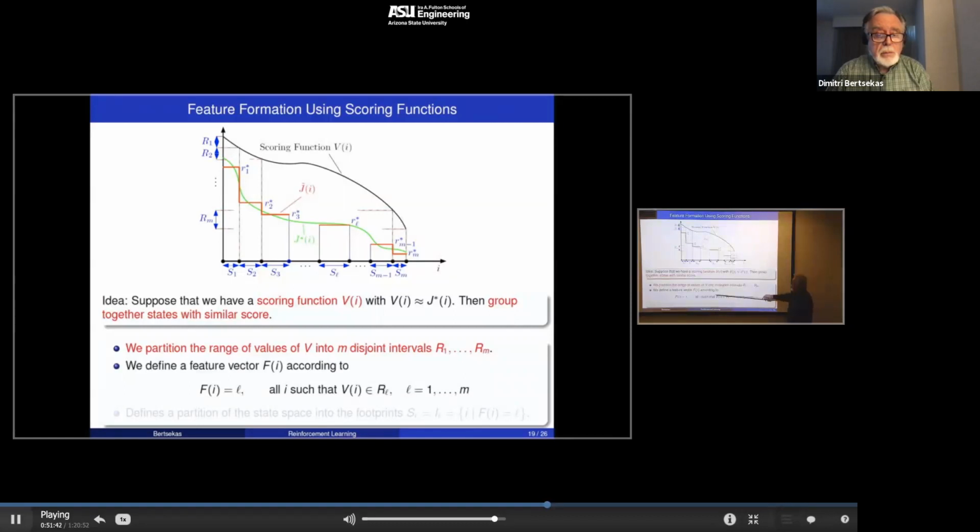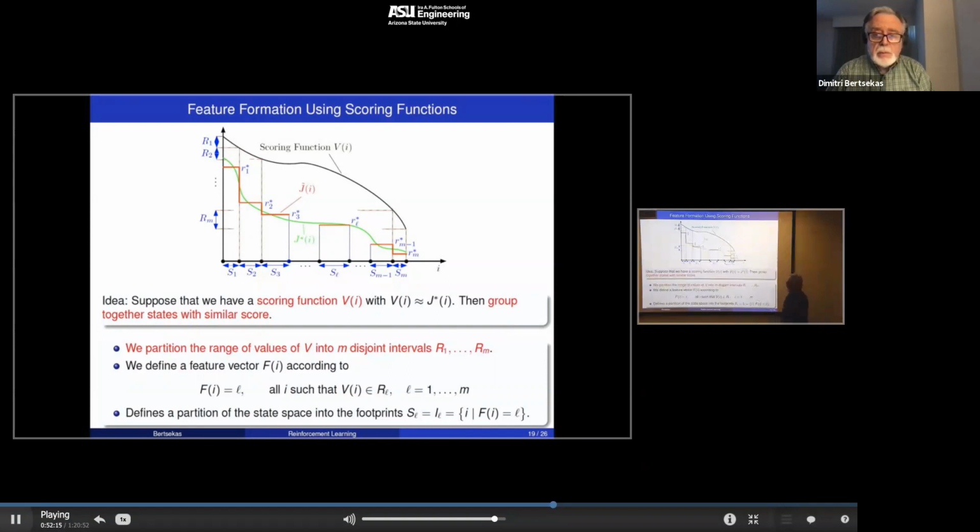And so we define a feature vector according to this, which says if your score is within this interval, your feature is the index of that interval. So the feature here is membership within the corresponding interval of the scoring range. Okay, so this is one idea.